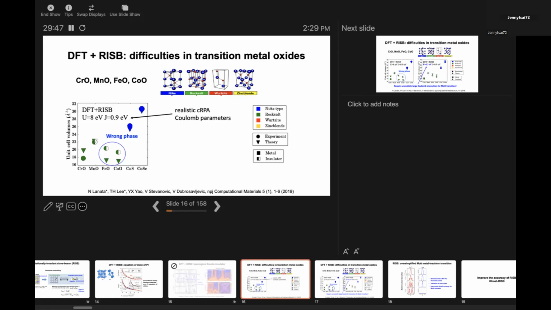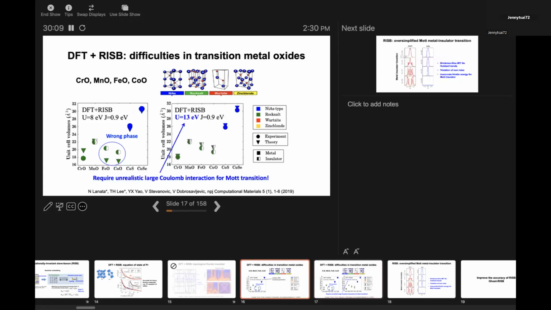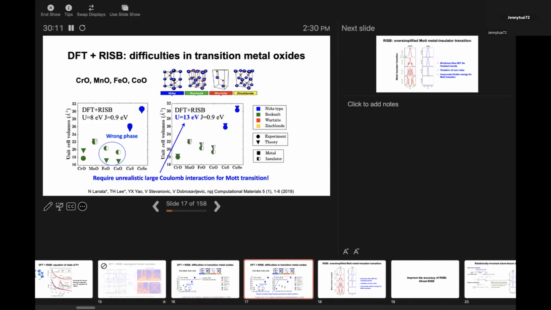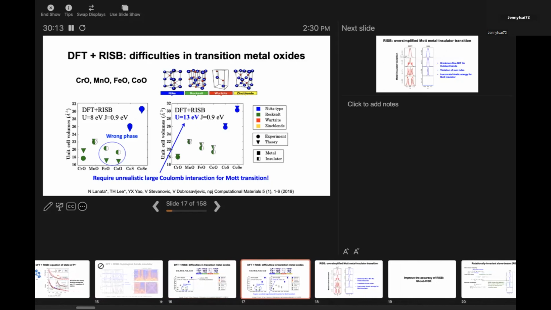Also, in the experiment, shown by the circles here, it is known they are in the insulating phase. But in this RISB approach, we predict them to be metals, or we got a metal solution. To solve this, we have to use quite large and unrealistic Coulomb parameters, which correspond to the on-site Coulomb interaction.